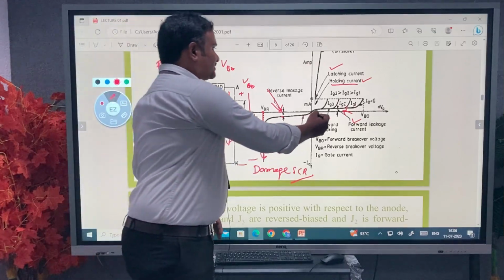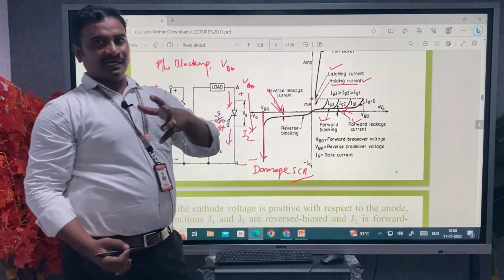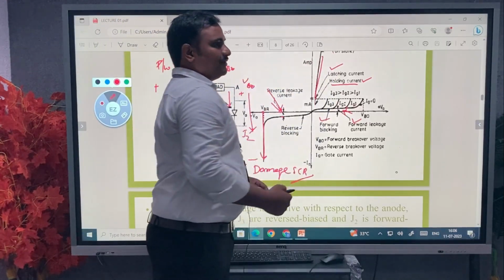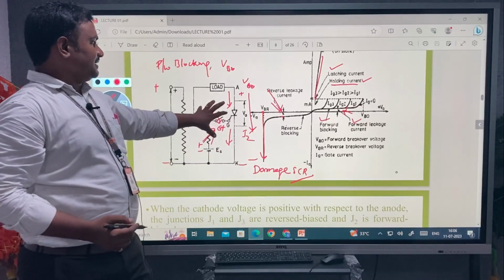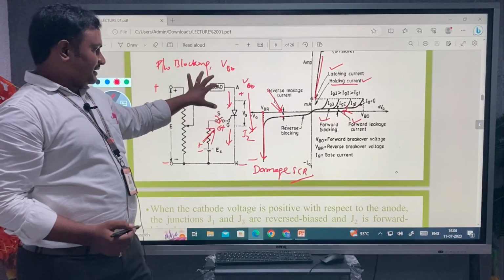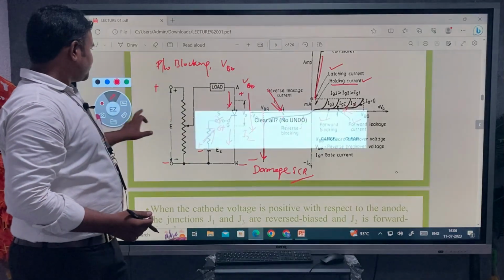After some time, even if you remove the gate signal, there is a sharp increase in the anode to cathode current, because the switch is already in the on state. So the current increases very sharply and it stays in the conduction state.